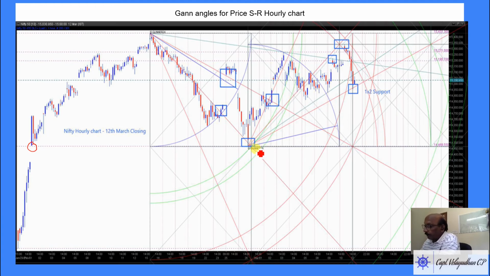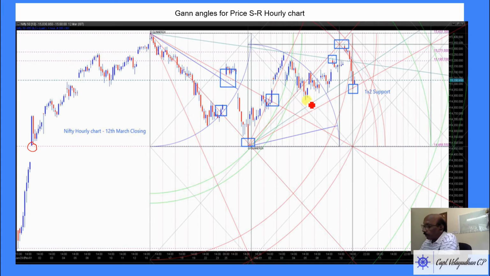Then price moved up for about 3 days. First day here, second day here, it broke above the Gann line again, a second time, and there was one bullish move on the third day. But unfortunately, on the fourth day it couldn't sustain. It gapped down, tried to move, but came down.